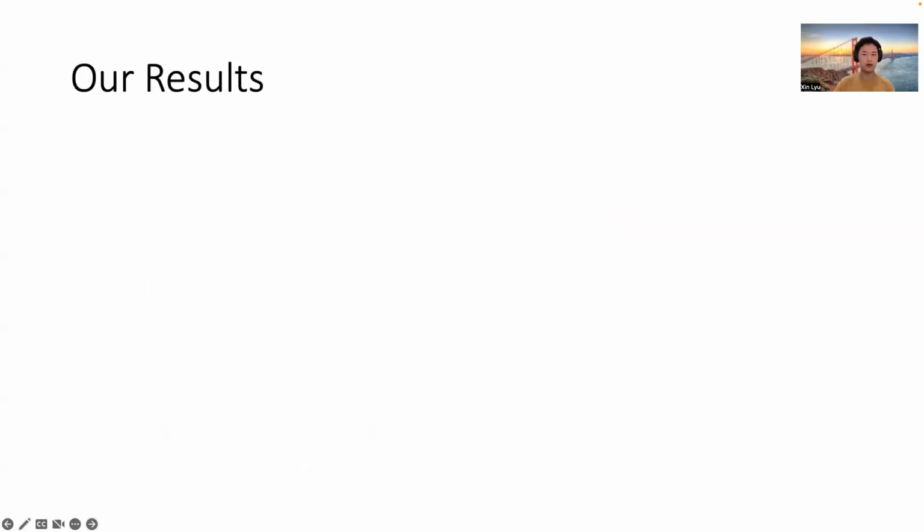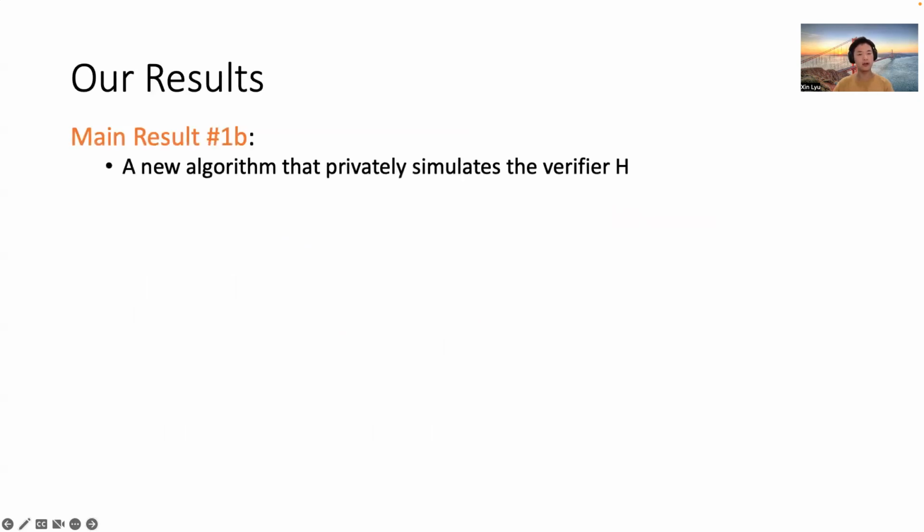We are ready to introduce our results. When applying our framework to the private testing scenario, we get a new algorithm that privately simulates the verifier H. Here, we achieve a similar utility-privacy trade-off as the LT algorithm.